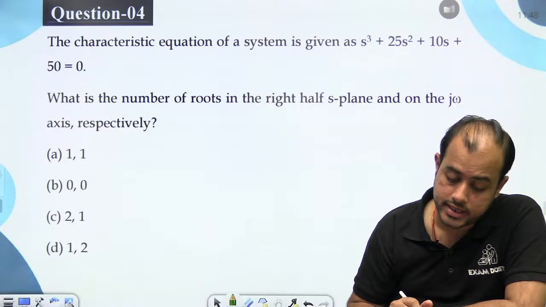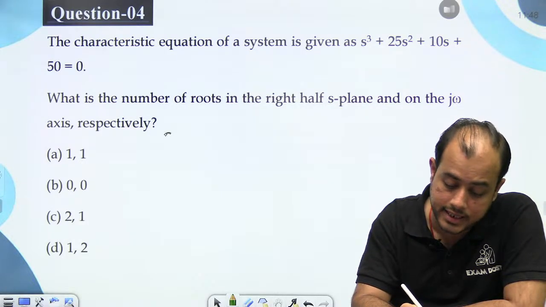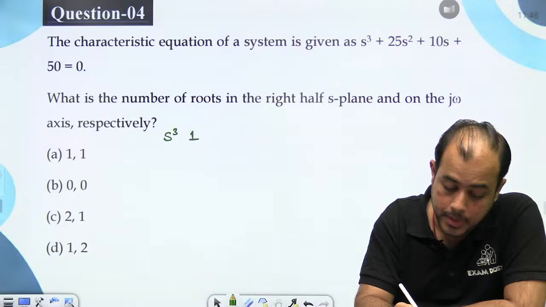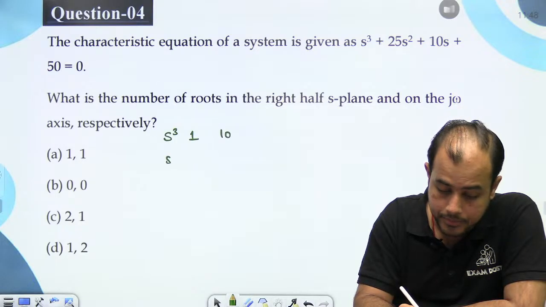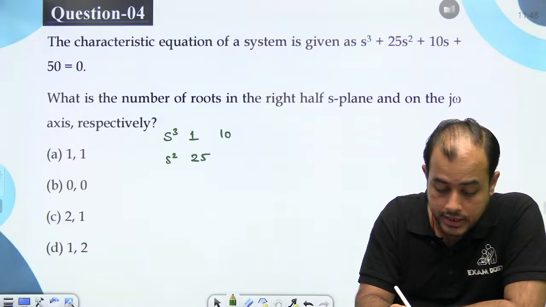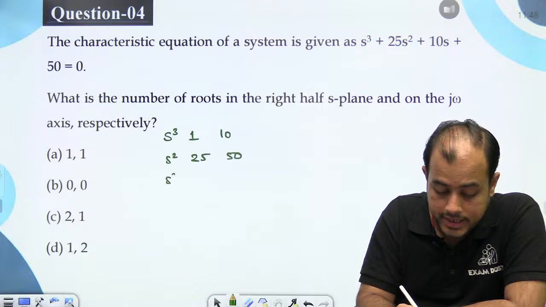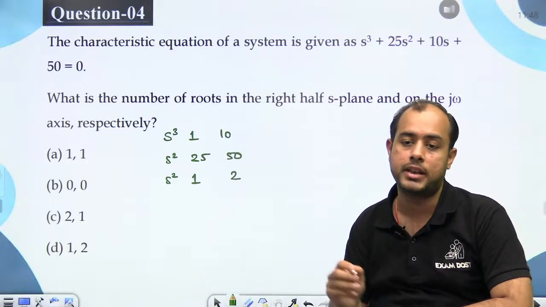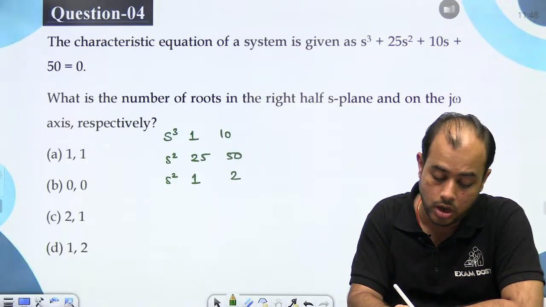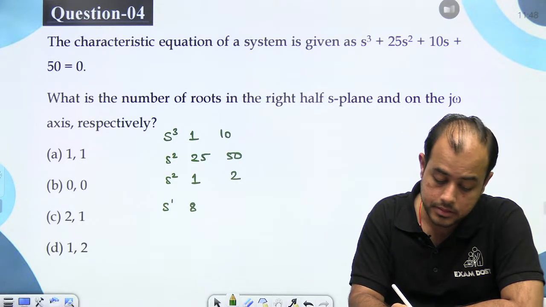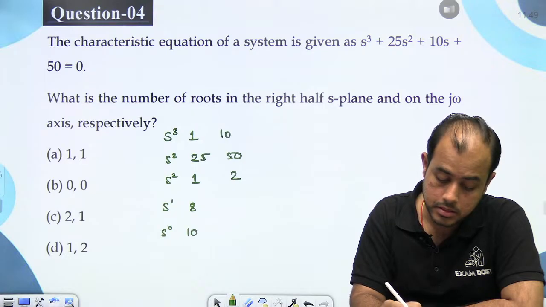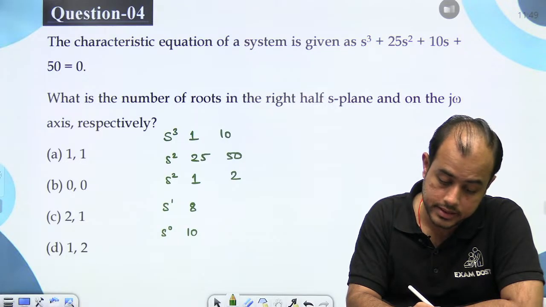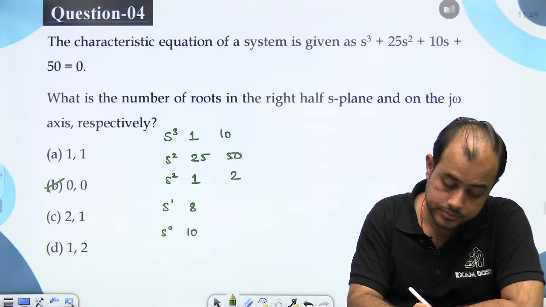Characteristic equation is given. Number of roots in the right half plane. Beta, if you want, in a row you can take a positive number constant. From here, I can take 25 common. A positive number can be taken common. Okay, so answer is 0, 0.